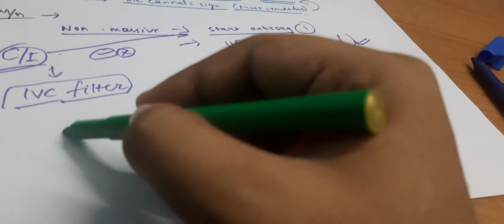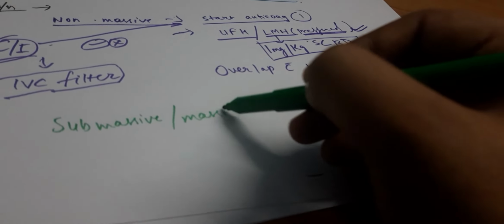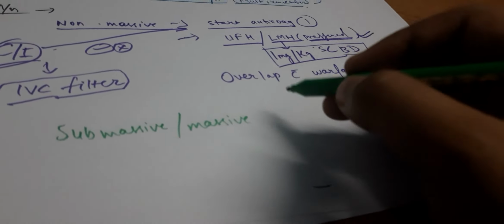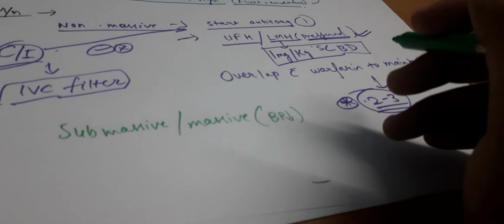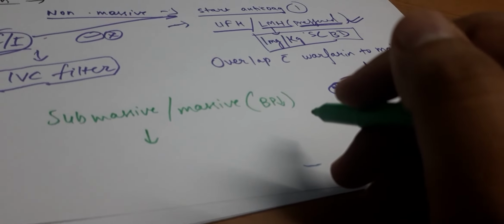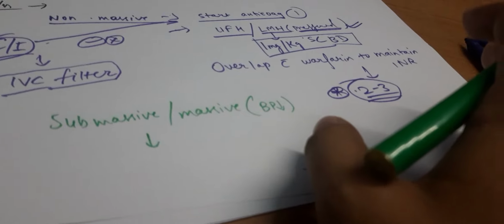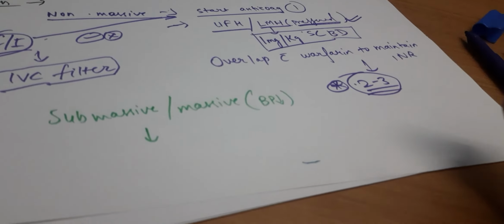Now let's go to submassive or massive thromboembolism. Very important thing in these is the BP is low, very low BP. The patient may go into shock. So there is an extensive clot burden.